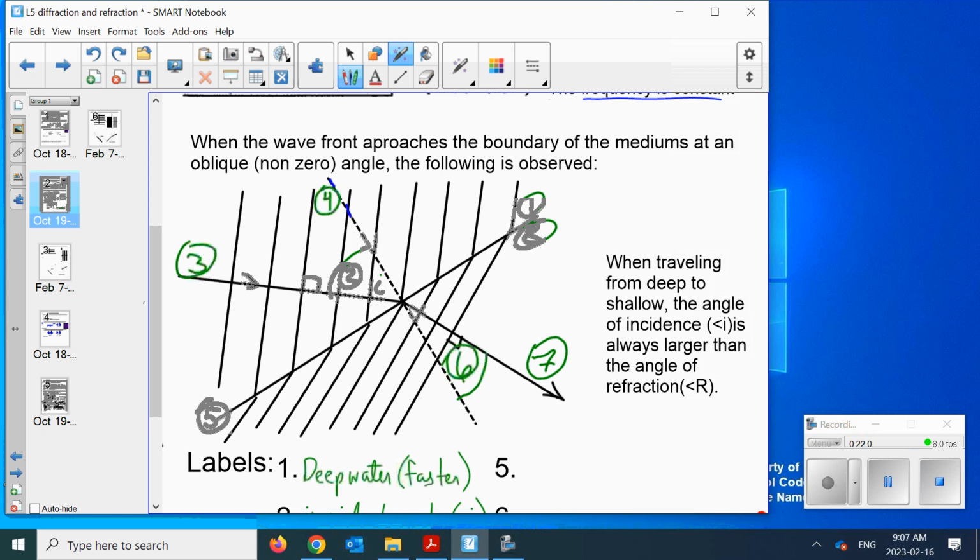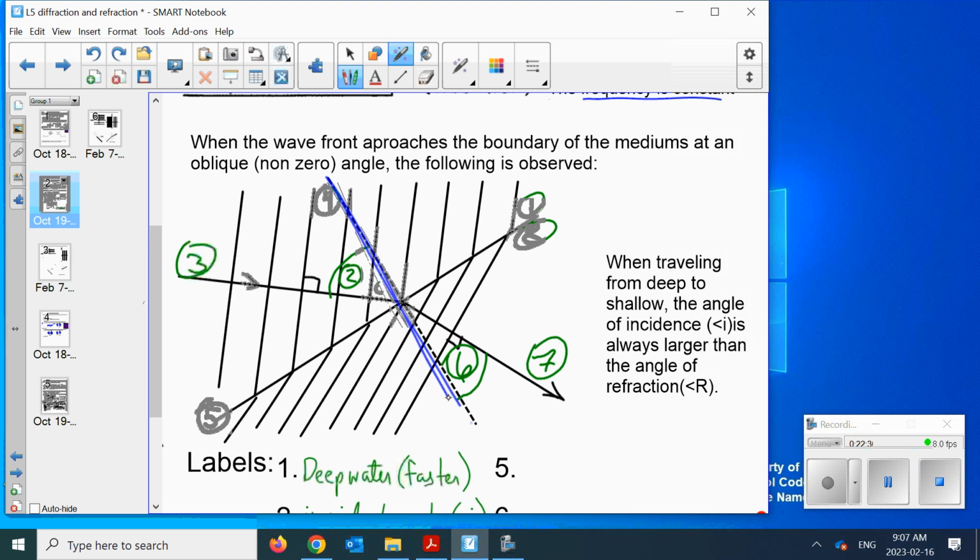This dotted line is always at a 90-degree angle, we say perpendicular, to where the medium changes, like from deep to shallow water. That's the border there. This is 90 degrees to the changing medium.